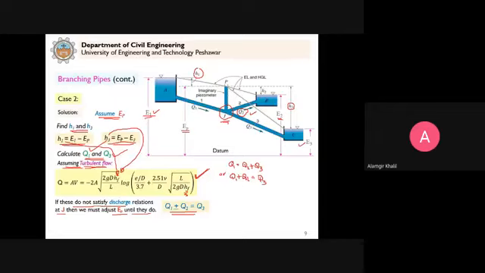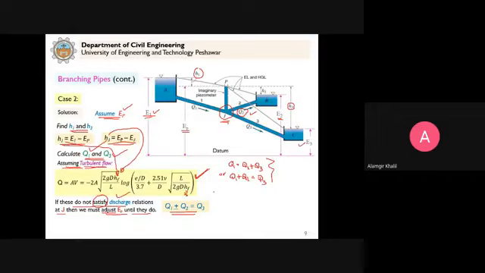So now Q2 is given, and Q1 and Q3 you calculate. According to this, we have to satisfy the discharge equation. Clear? If the discharge equation is not satisfied, then you have to change the value of EP, adjust EP until the continuity equation is satisfied.